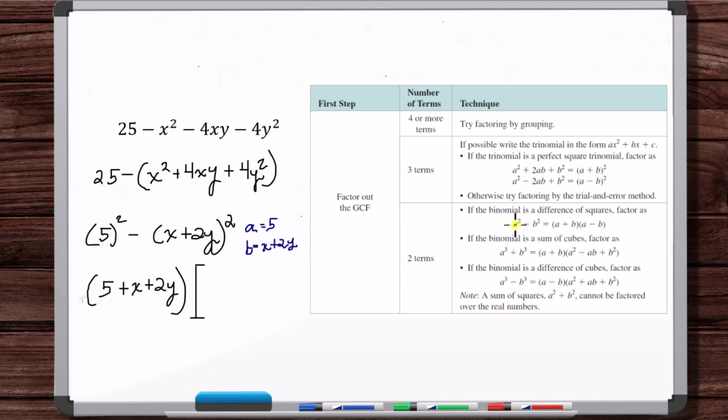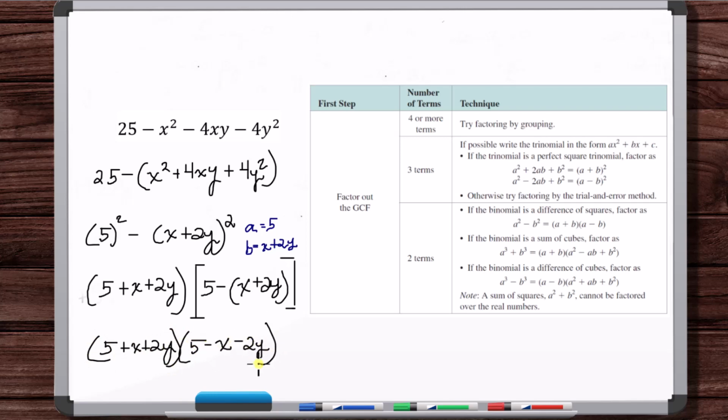If you come here, a squared minus b squared, a plus b, a minus b. Okay, we did the a plus the b. Now we're going to do the a minus all of b. You see? So what we have is 5 plus x plus 2y and 5 minus x minus 2y. Now it's factored.